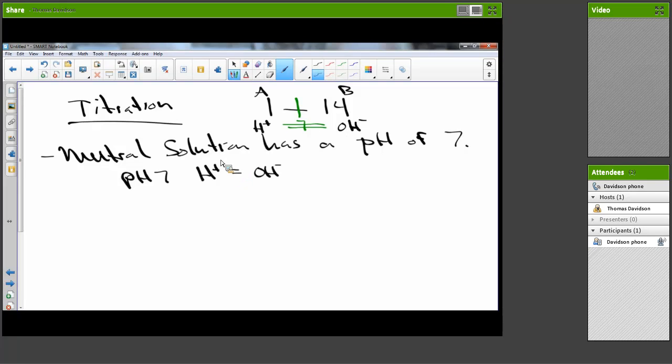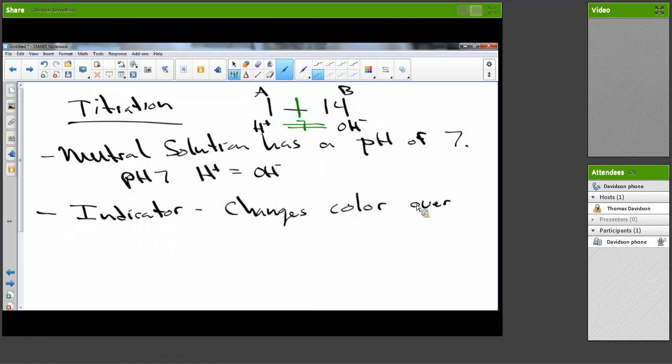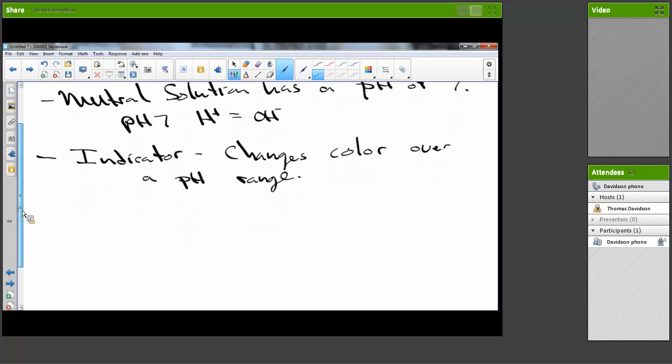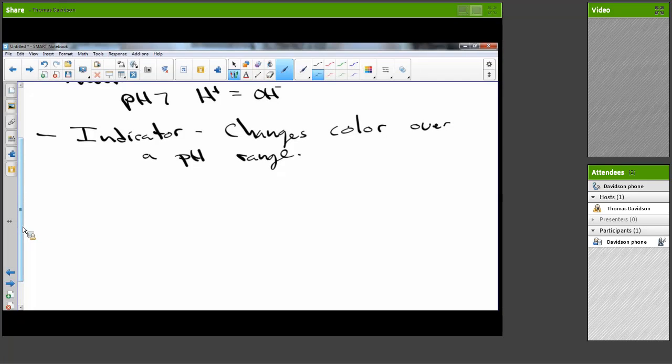Okay. The titration also takes advantage of what we call an indicator. An indicator changes color over a pH range. A typical indicator we could call is universal indicator.